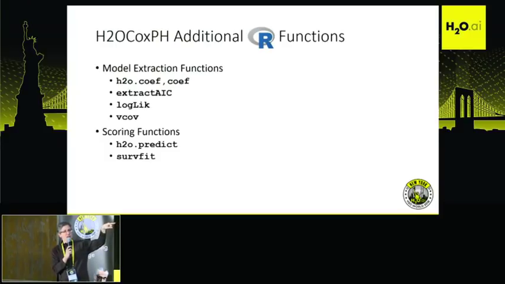You can plot over the time domain that's of interest to you the likelihood that the event doesn't happen, and you can grab that curve using the survfit function. So those are the two scoring functions you can use. And for those of you who have used the survival package in R, these functions should seem very familiar to you. That's on purpose. We try to make familiar interfaces to the native language that you're operating in. So do try them out.